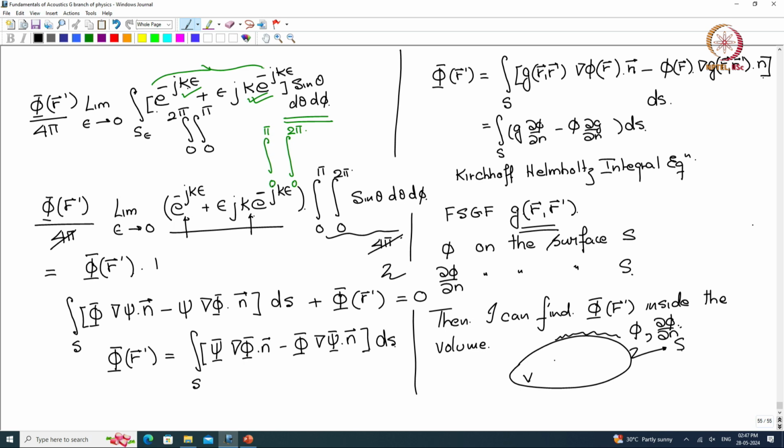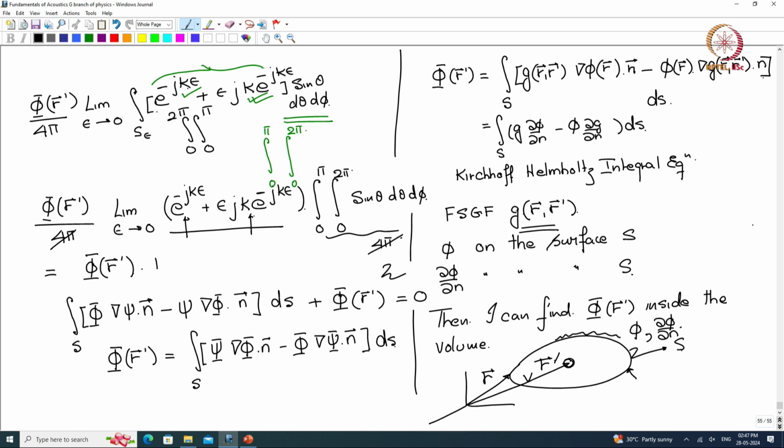Then I can find, so I have the r, which is the roving integration coordinate r, and I have r dash, which is the location of the singularity. So I can find the value over here, provided I know the values of phi and del phi del n on this surface.